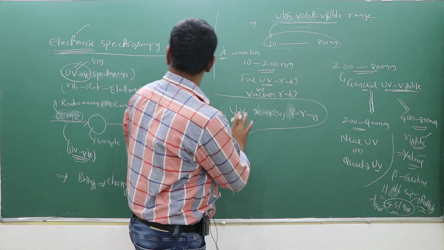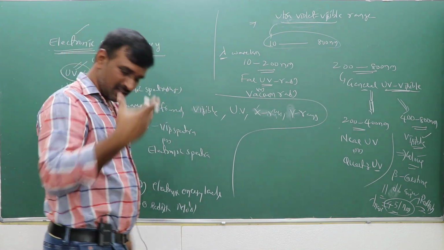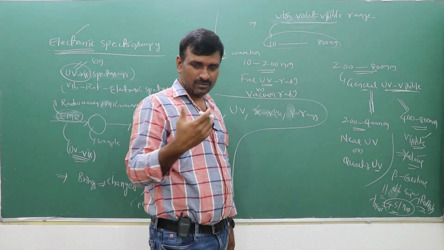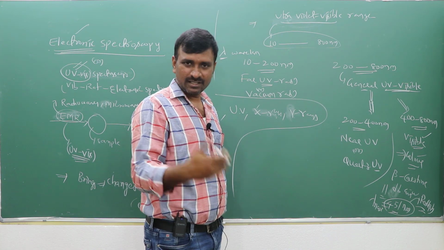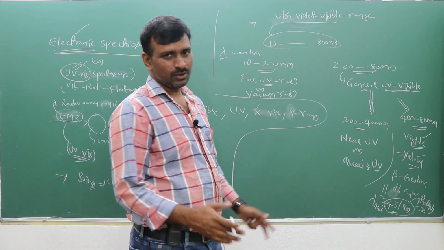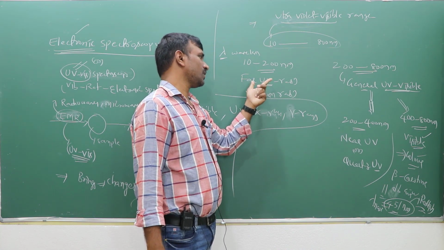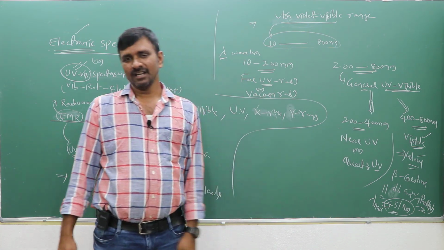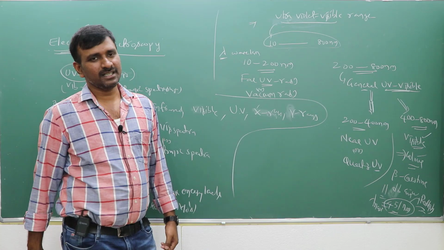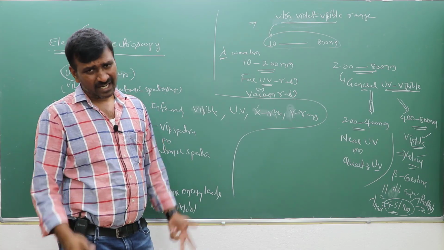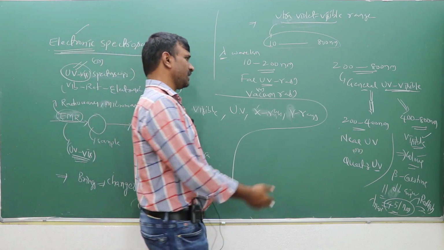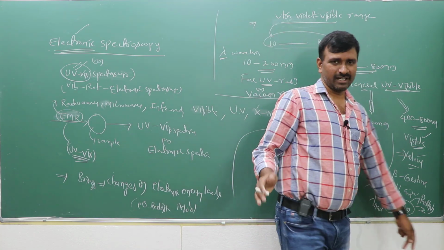Right. From the sun to the earth, the sun releases 10 to 800 nanometers radiation. The 10 to 200 range, the powerful energy radiation, far UV or vacuum UV, is absorbed by the atmosphere only. So radiation of 200 to 800 reaches the earth.